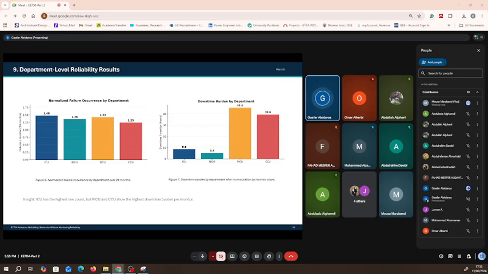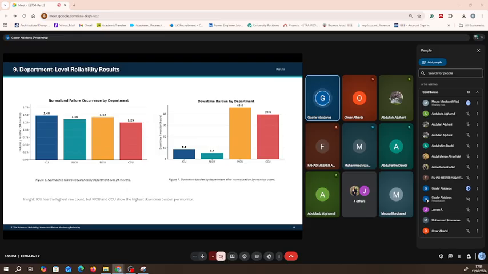In department-level reliability results, this slide compares the department-level results. The left figure shows normalized failure occurrence by department over the 24-month period, and the right figure shows downtime per monitor. The ICU had the highest raw failure count with 37 records.